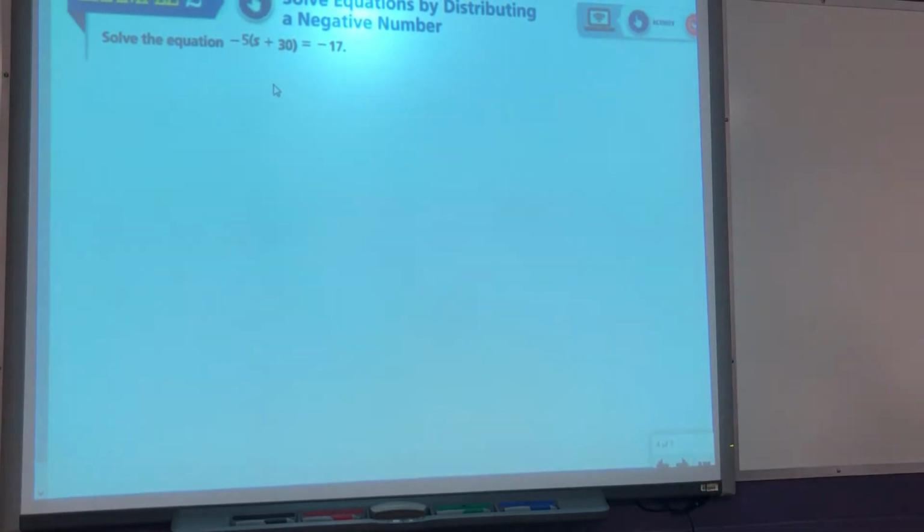Okay, so our first problem here is negative 5 times s plus 30 equals negative 17. So if you remember, the distributive property has a coefficient, and then we multiply what's on the outside of the parentheses by what is on the inside of the parentheses.